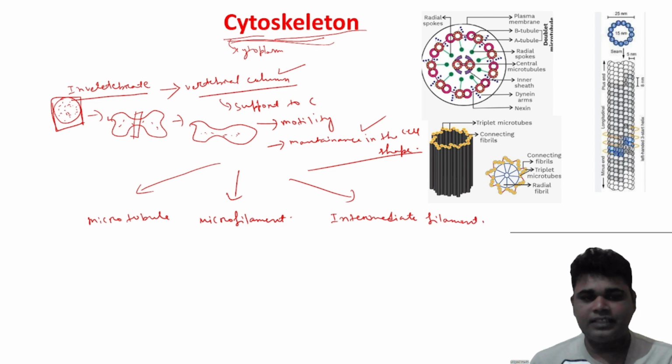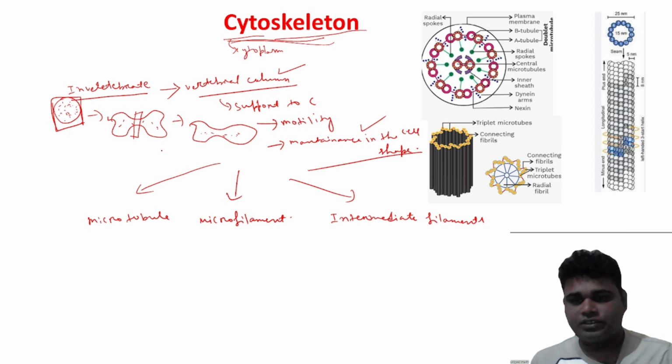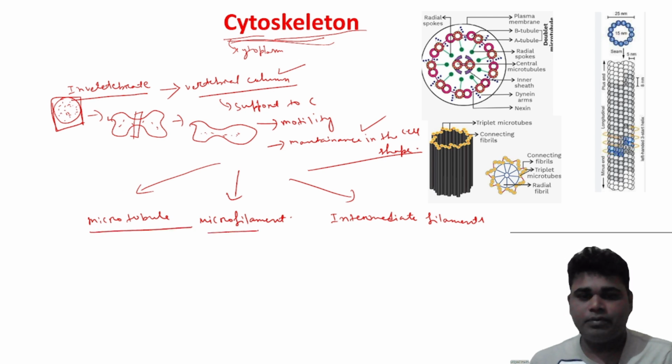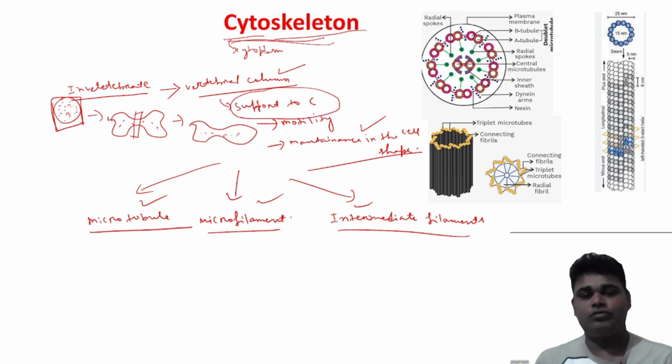So these three are the different types of the cytoskeleton present inside our body. Of course, these three have different roles inside our body. The main function of these three is the support to the cell or to the body.